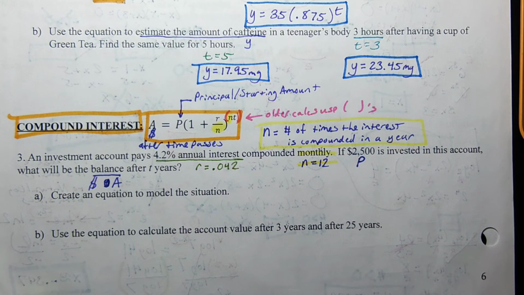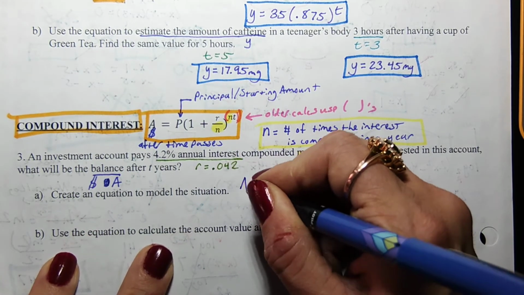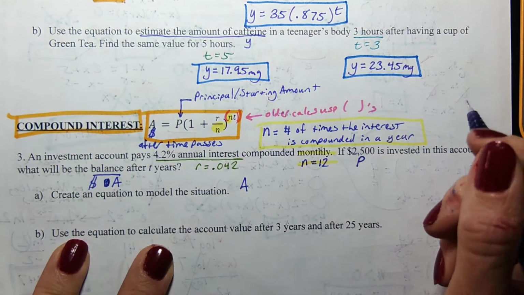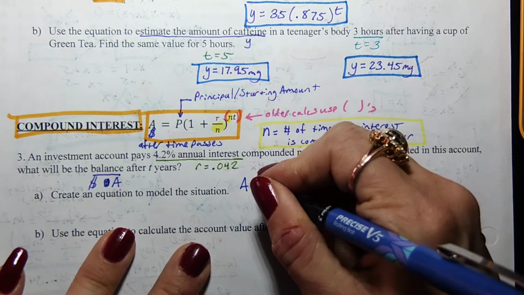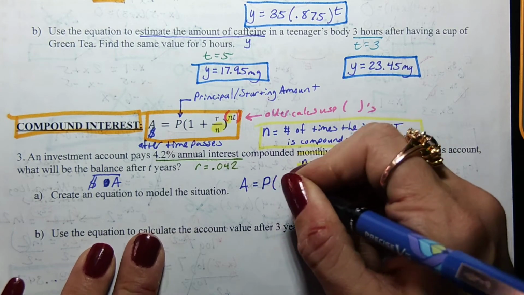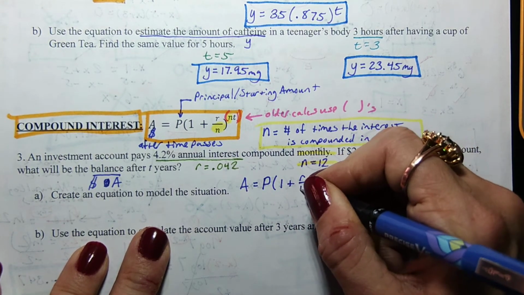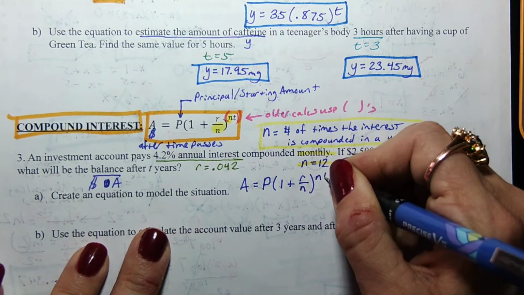So part A, we are going to just plug in our variables into that equation. And actually, I'm just going to start by practicing writing that equation first. A is the amount in the account after a certain amount of time. P is our principal, or the amount invested initially. And then 1 plus R over N raised to the NT.